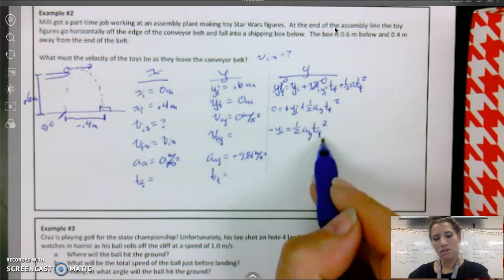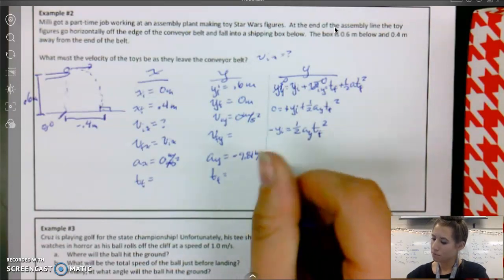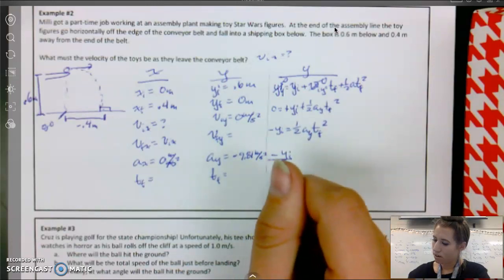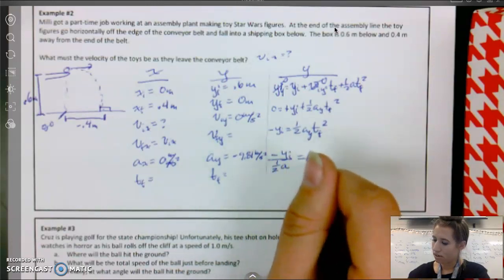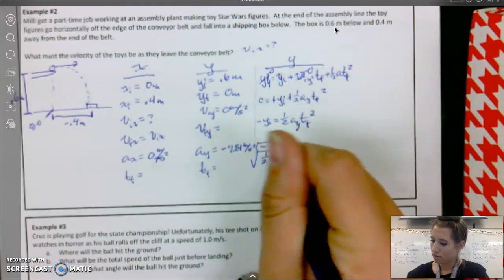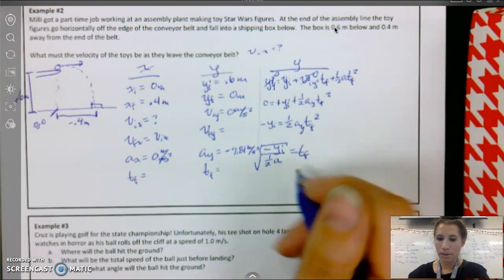So I'm going to rearrange this equation to solve for time. I'm going to divide by 1/2 and acceleration, and that would equal t final squared, and so I'm going to take the square root of both sides there. Okay, so that should look familiar.